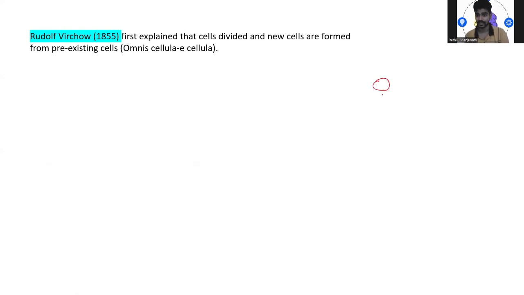If this is an individual cell, that cell gets divided and a new cell is formed from pre-existing cells, and he named it omnis cellula e cellula. That means before there was a cell, and from that cell a new cell emerged.